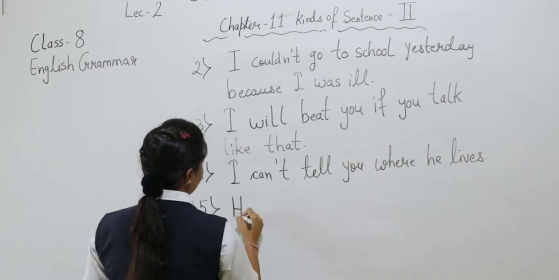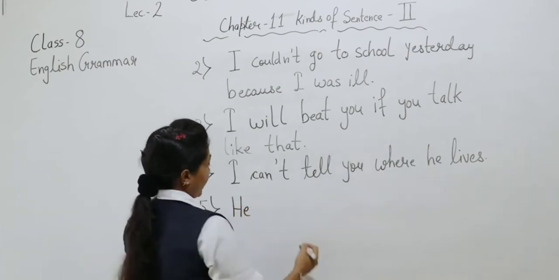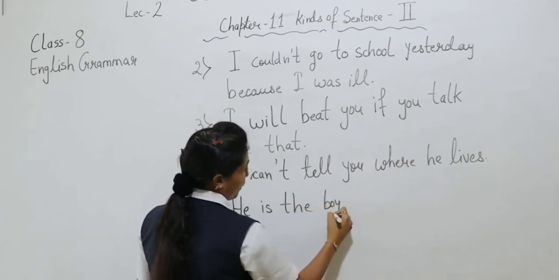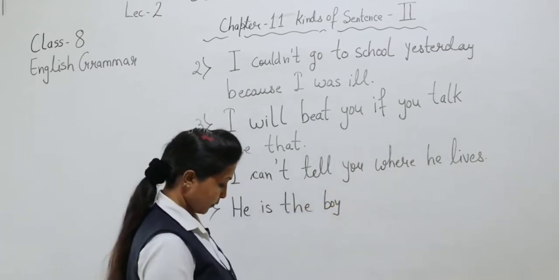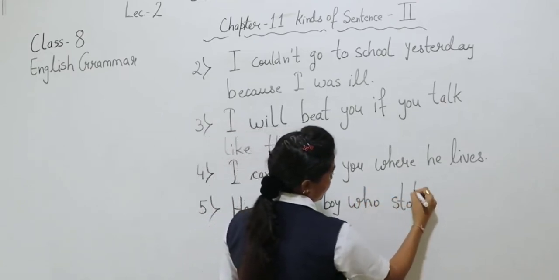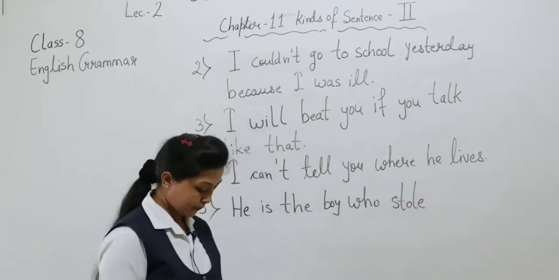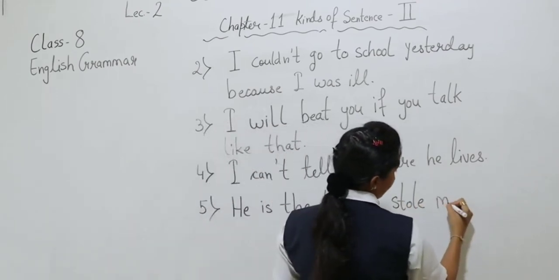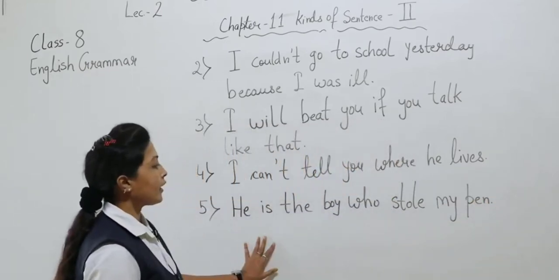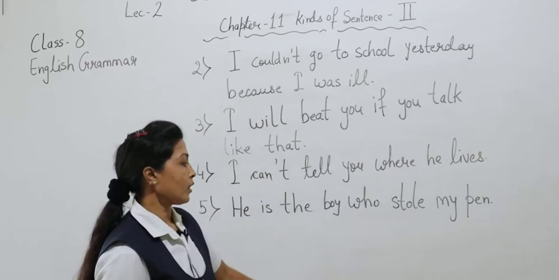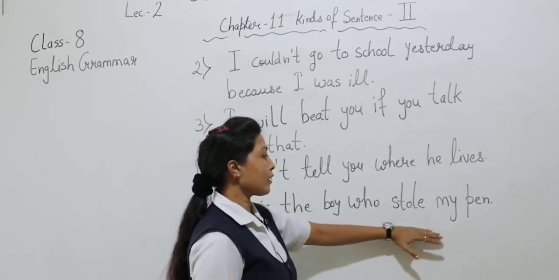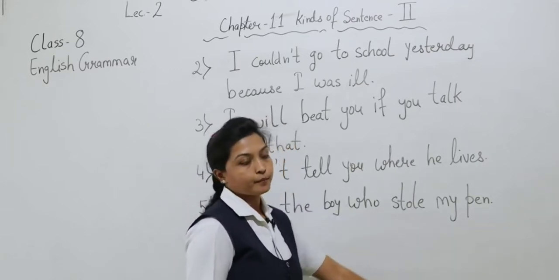5. He is the boy who stole my pen. So in this, he is the boy, the subordinate conjunction who, and the second part is stole my pen.